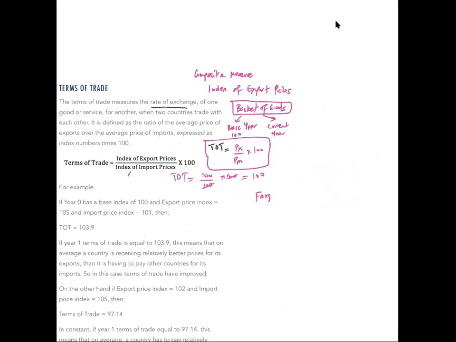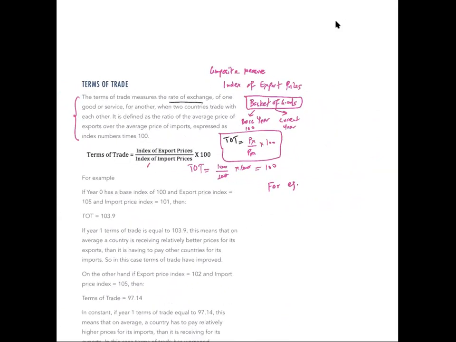If I give you these numbers, and I have them in my notes as well, let's say your PX, the index of export prices, was 100 in the base year, but it went to 105. And PM, the index of import prices, went to 101. This basically means that export prices are going up by 5% and import prices are going up by 1%.